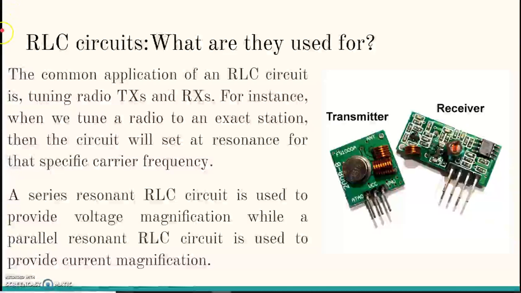Hello, my name is Gerardo, and I'm going to talk about RLC circuits and what they are used for. A common application of an RLC circuit is tuning a radio. For instance, when we tune a radio to an exact station, the circuit will set a resonance for that specific carrier frequency.